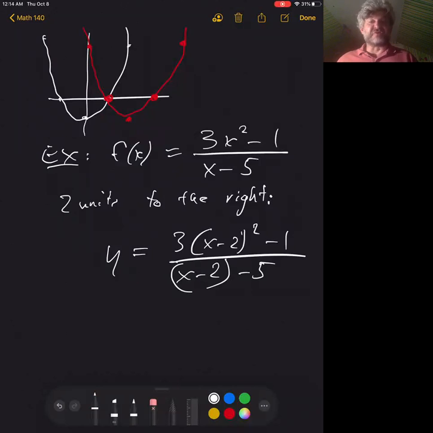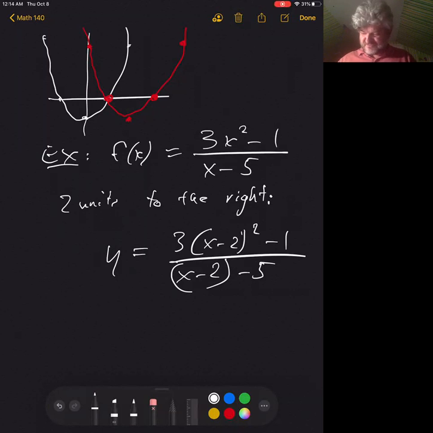You can worry about the domain later. The original function obviously had every number except 5. The new function will have every number except 7. That's also shifted 2 units to the right.